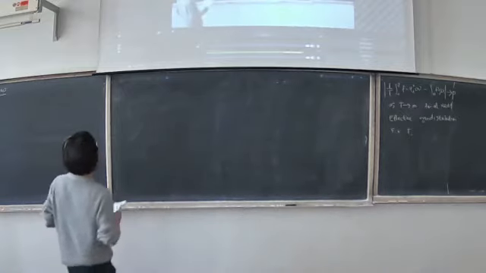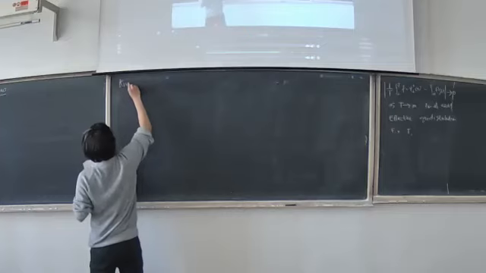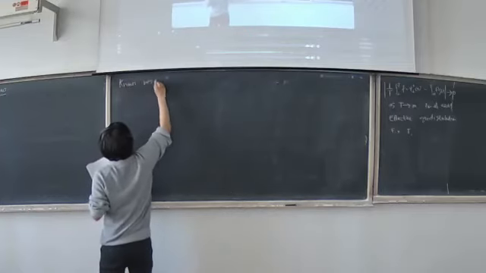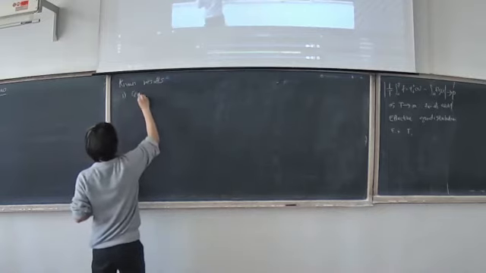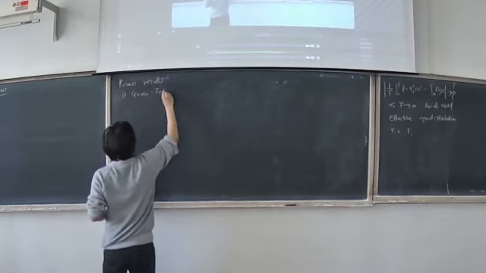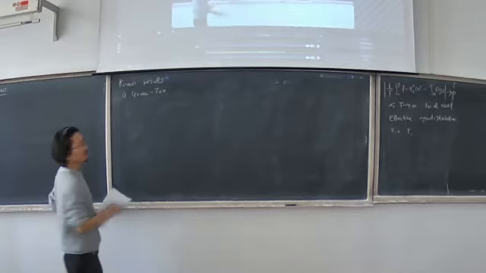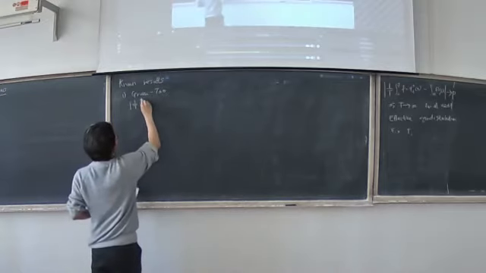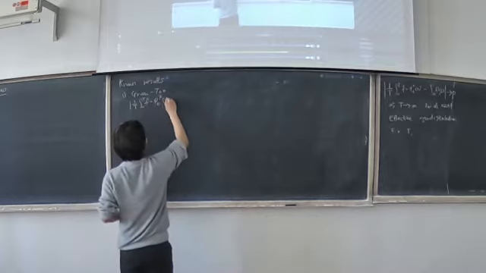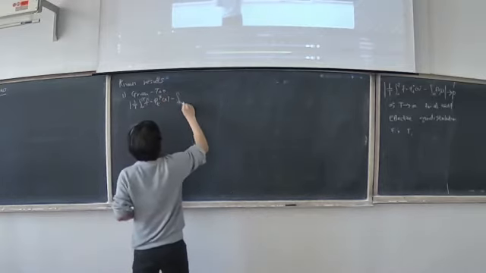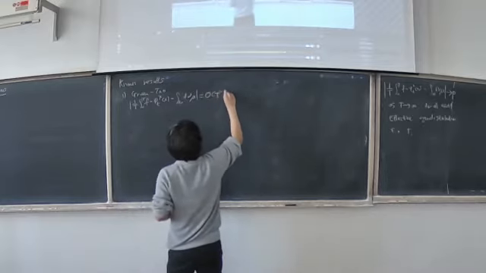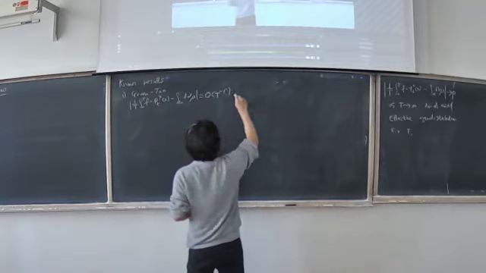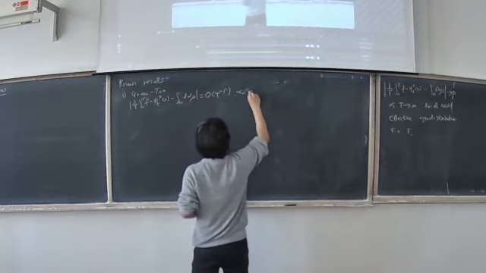Now let's introduce some results. The first result: basically they proved a bound for the flow, which is uniquely ergodic, for some delta.